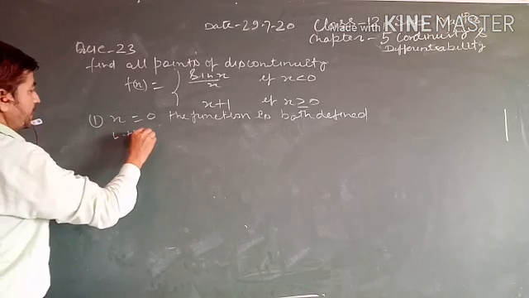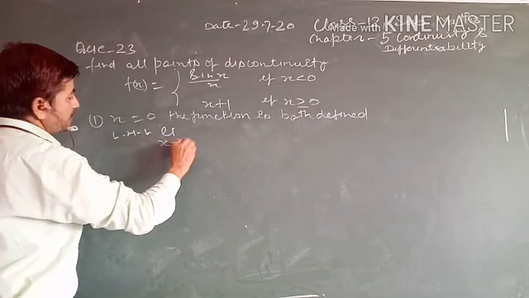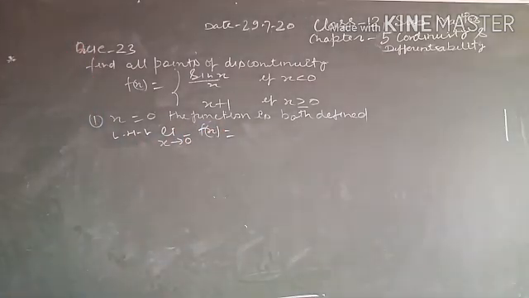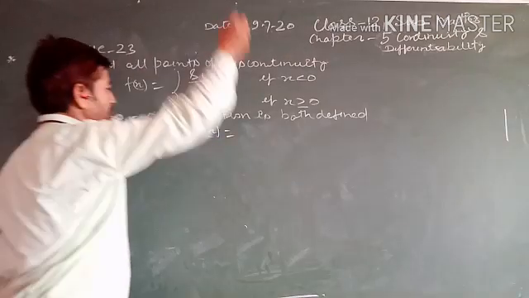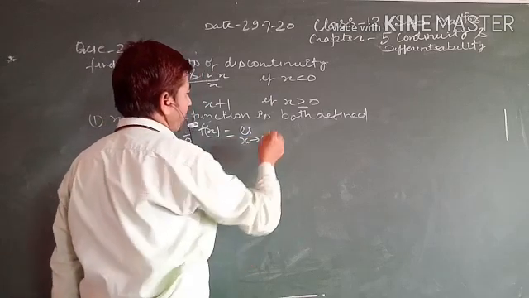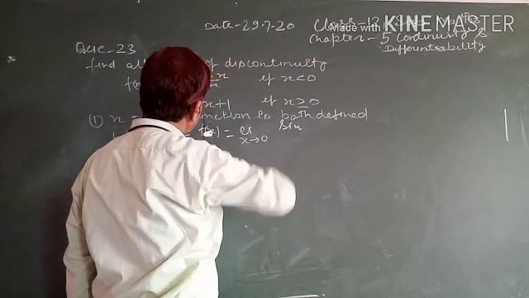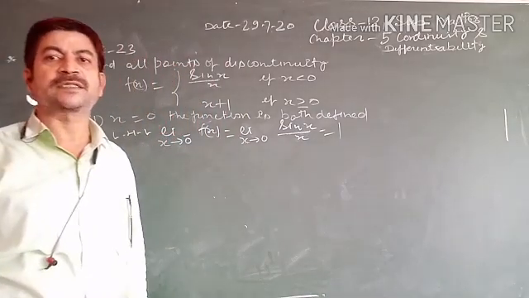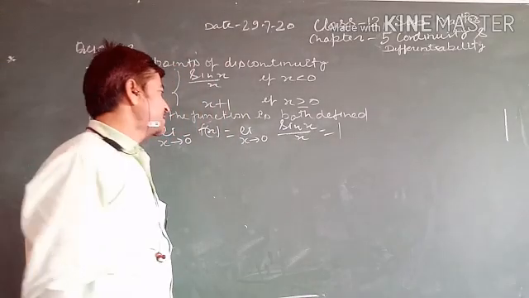LHL, left hand limit x tends to 0 minus f(x), is equal to limit x tends to 0 of sin x upon x, which is equal to 1 by the property of limit.